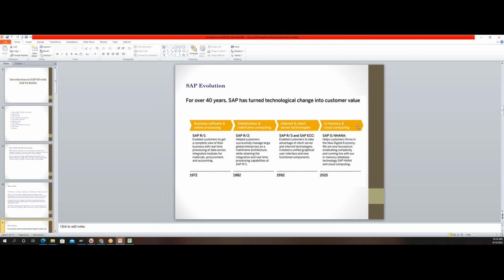We'll see what exactly S4 HANA and SAP HANA are further. But this is how it has evolved. Now, in 2022, the better version of S4 HANA, I would say the facelift of S4 HANA, is now available. They are currently having S4 HANA with the 2021 edition, which is currently running in the market.